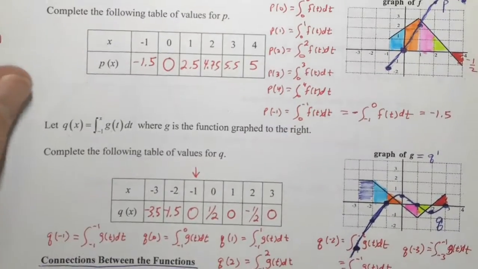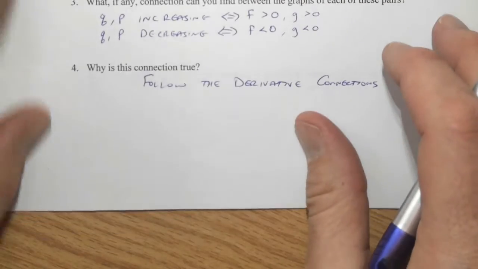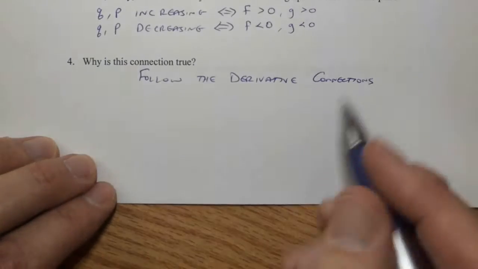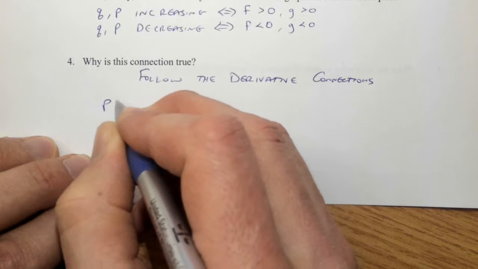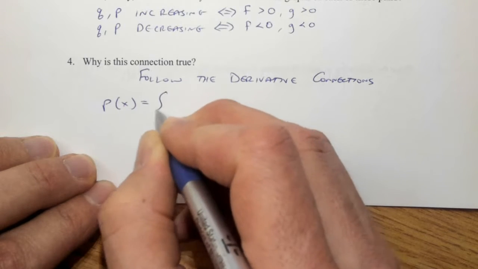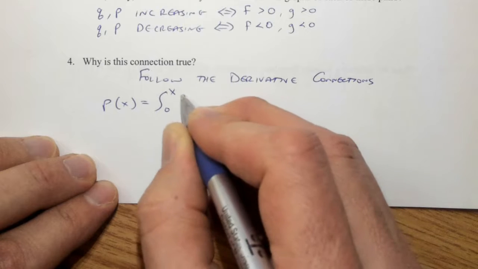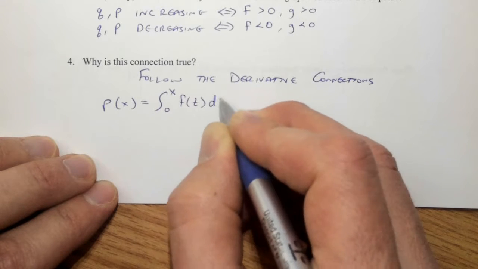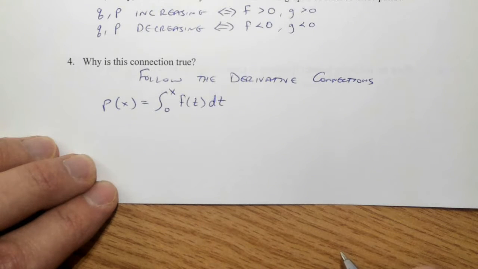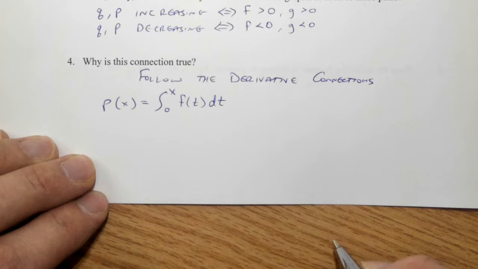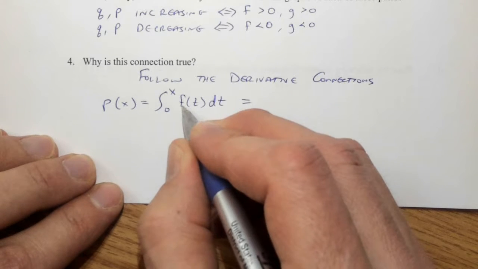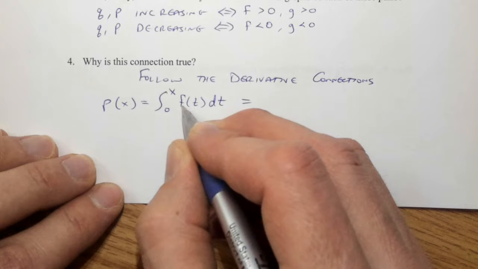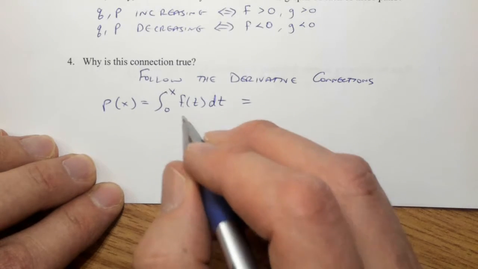Right? If you don't believe me, well, let's look at it a different way. We see there that p of x is equal to the integral from 0 to x of f of t dt. All right. Well, let's actually do this out. This means we have to take the antiderivative of f and then plug in x and 0.